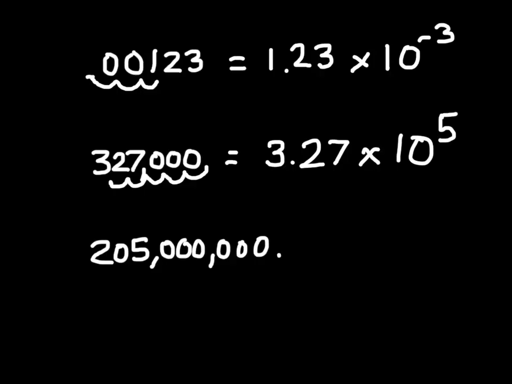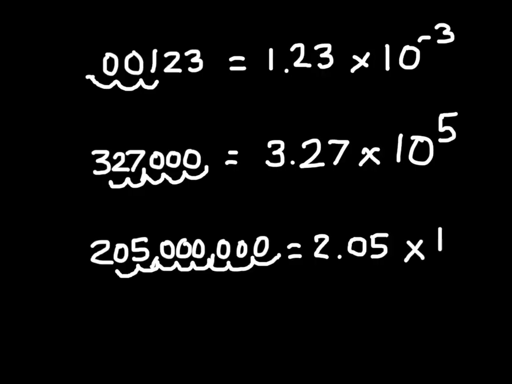And then decimal here, move it 8 places between the 2 and the 0. And notice that I still have to put the 5. Any non-zero number needs to be put there. So 2.05 times 10 to the 8th power.